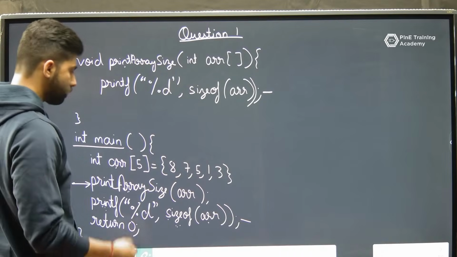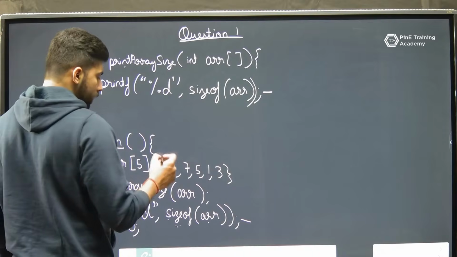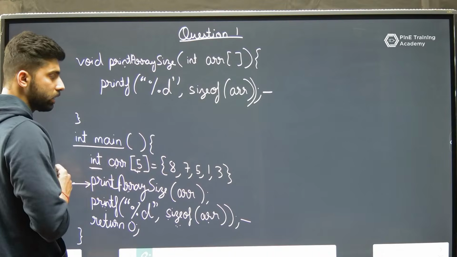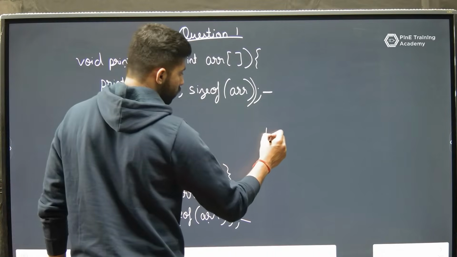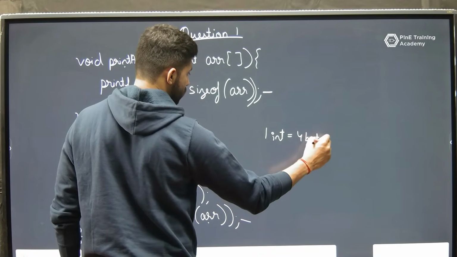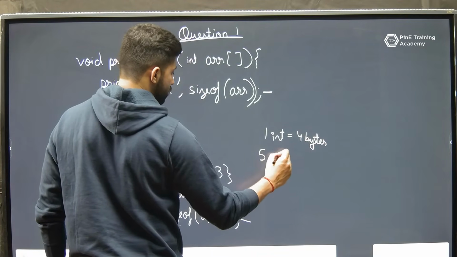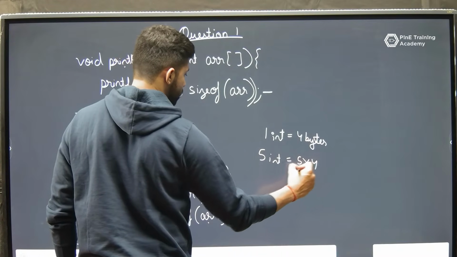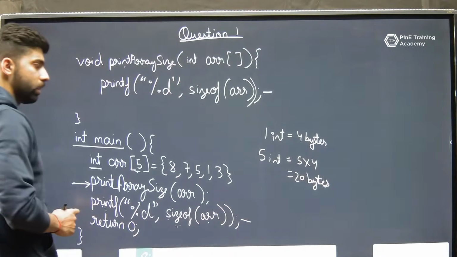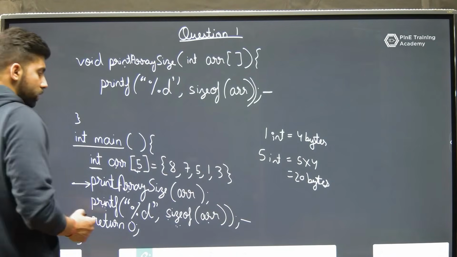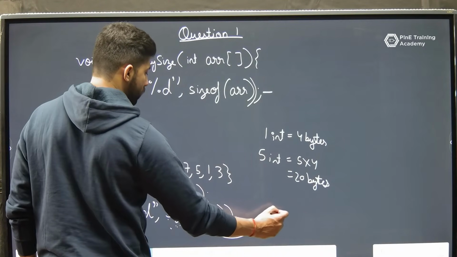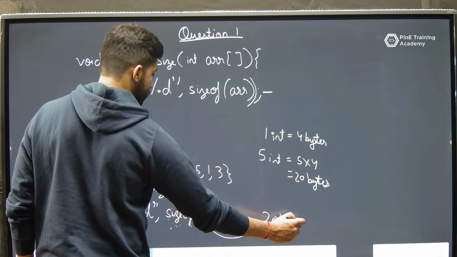Now, since this array stores 5 integers, and one integer is 4 bytes, 5 integers will be 5 into 4, which is 20 bytes, right? So the size of the array printed here will be 20 bytes.